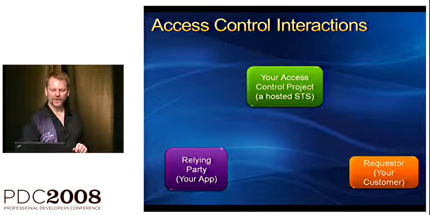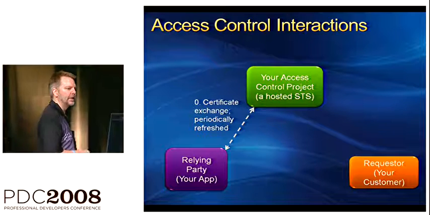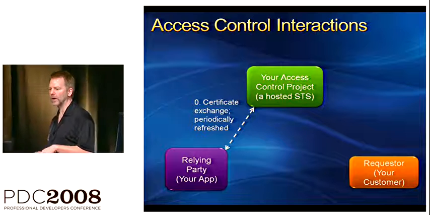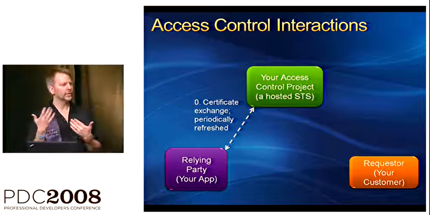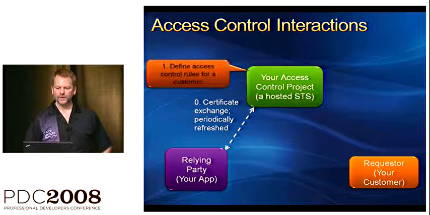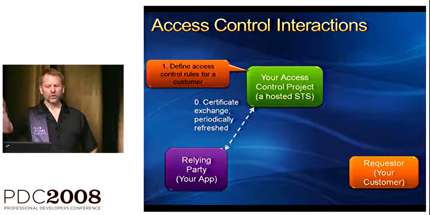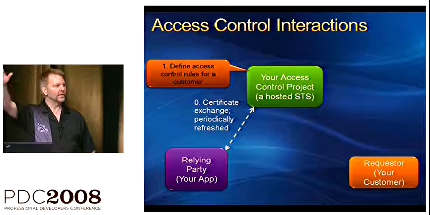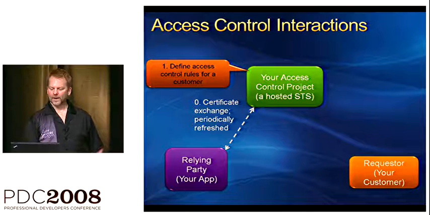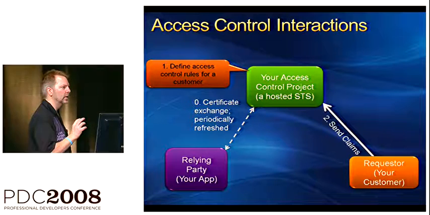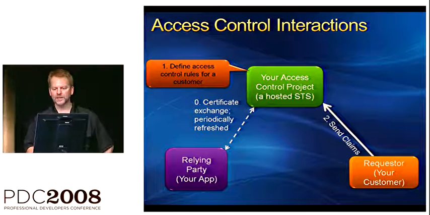So the first thing that you're going to have to do in order to get that all set up is you're going to do a certificate exchange so that we know who the two parties are, and you're going to establish trust with the access control project. Once that's done, you're going to then go define access control rules up in this hosted access control project, and then that's going to be used by the requester to get the right kinds of claims to access your project.